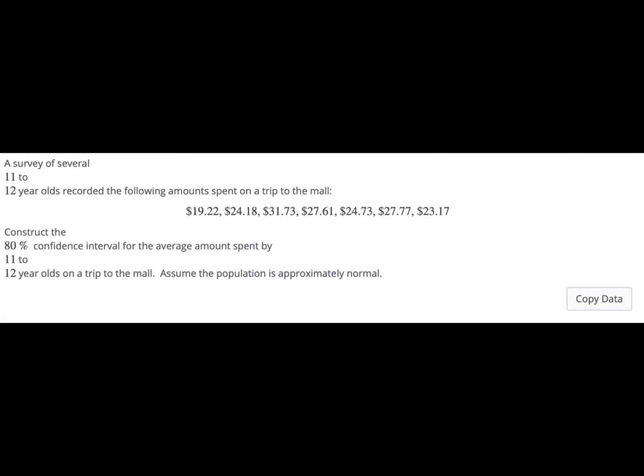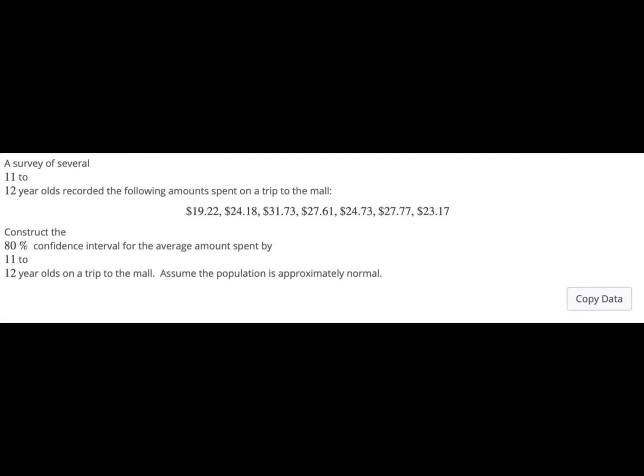So if you put that data list into your calculator, once you've done that, it's going to calculate the sample mean and the sample standard deviation from your list. You then scroll down to T interval, put the list in, the frequency should be 1, and the confidence level is whatever it gives you.